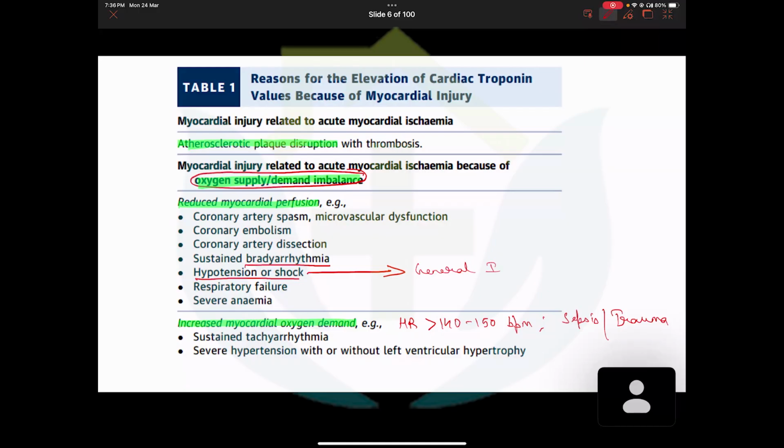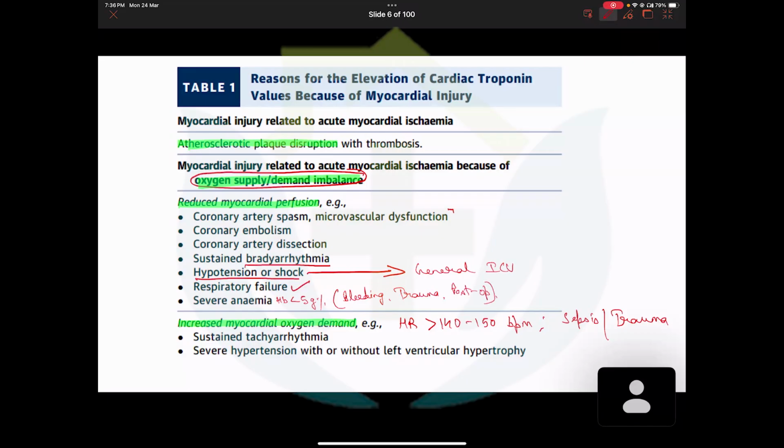Hypotension or shock, respiratory failure, and severe anemia, hemoglobin less than 5 grams percent, mostly in hemorrhagic shock or trauma patients or post-op patients, mostly intra-op or post-op.